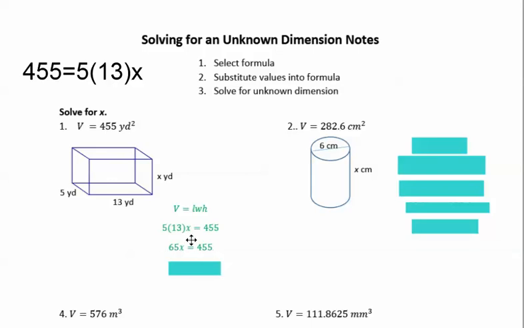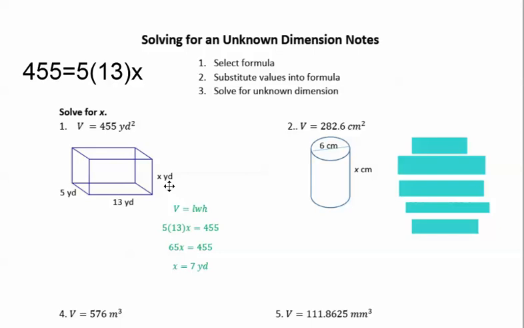Well, that's multiplication. We're going to divide by 65. All right, divide both sides by 65. We get X by itself. And on the right-hand side, we get 7, because 455 divided by 65 gives us 7. And it's going to be X is 7 yards. Okay?